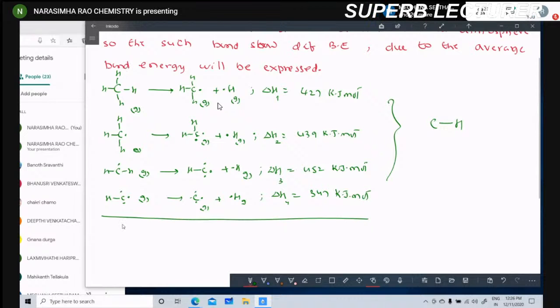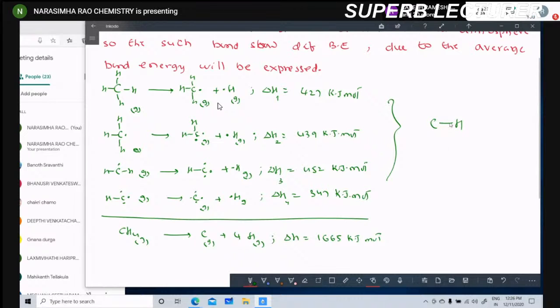Add these equations, meaning CH4 gaseous gives rise to C plus 4 hydrogen atoms gaseous. For all these summations, delta H is equal to 1665 kilojoule.